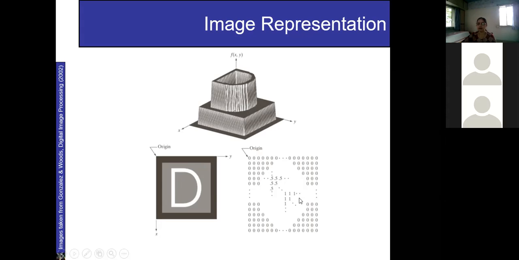Now, instead of a continuous signal, if we assume there are 8 bits per pixel, what is the value for white color? Please type in the chat box.